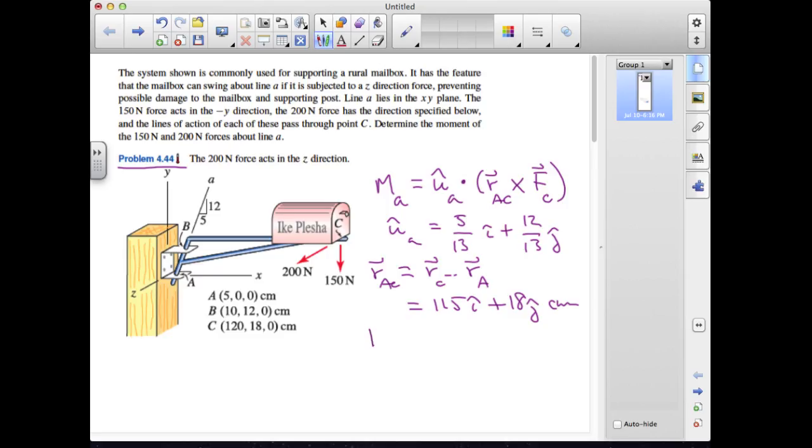Our force at C is, in this problem, minus 150J, and then we have plus 200K newtons.